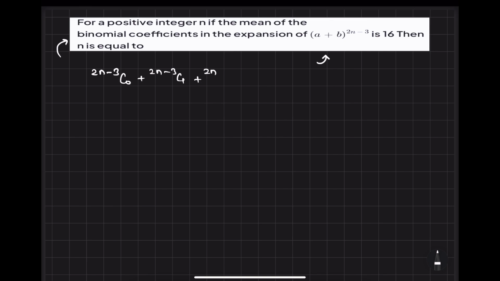then (2n-3)C2. It will keep on going, and then we will be having (2n-3)C3. They are saying that the mean of binomial coefficient in the expansion of this is 16. So mean means average. Average means sum of all the terms divided by number of terms.